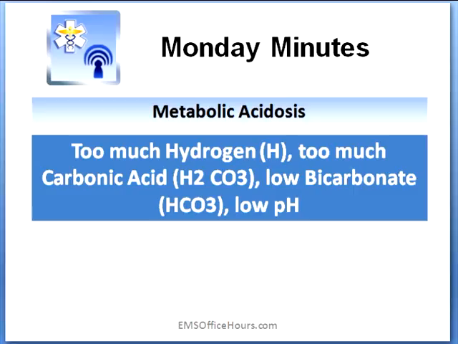This is that too much hydrogen, too much carbonic acid, low bicarbonate, and low pH. I know this can be hard when you think about the low bicarbonate, low pH, high bicarb, high pH, things like that. There's no easy way that I can give you to recall this off the top of your head.